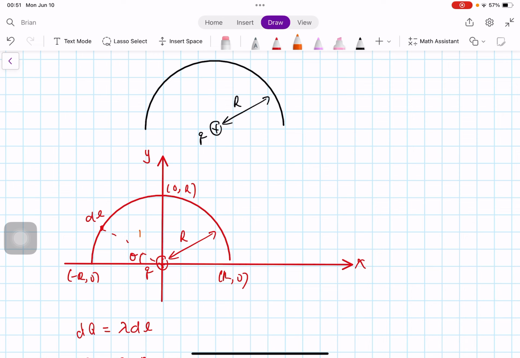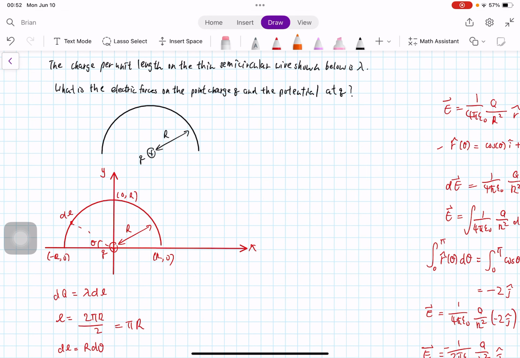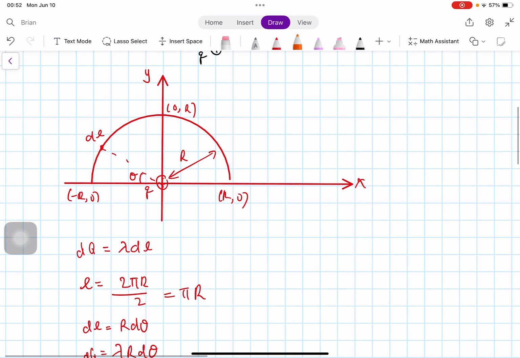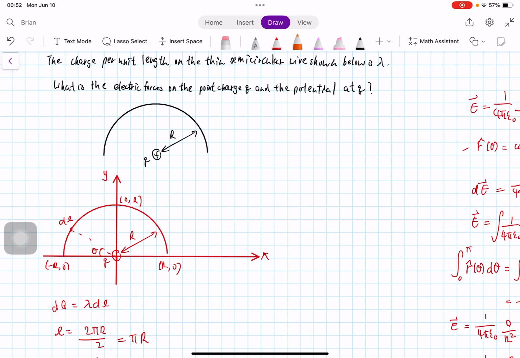I included this data so that we could use polar coordinates later, because this question intuitively calls for polar coordinates. So we can start with the potential first, and then we could do the electric forces. Let's get started with the potential at Q first.